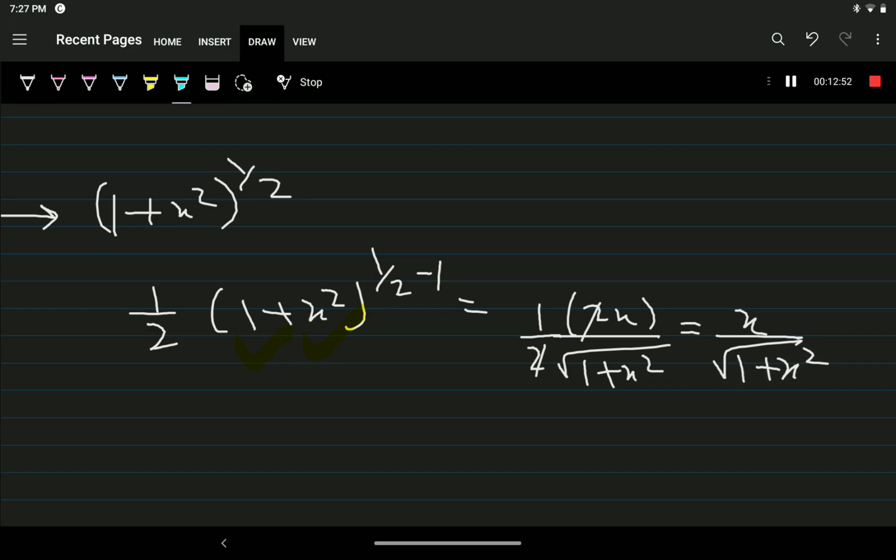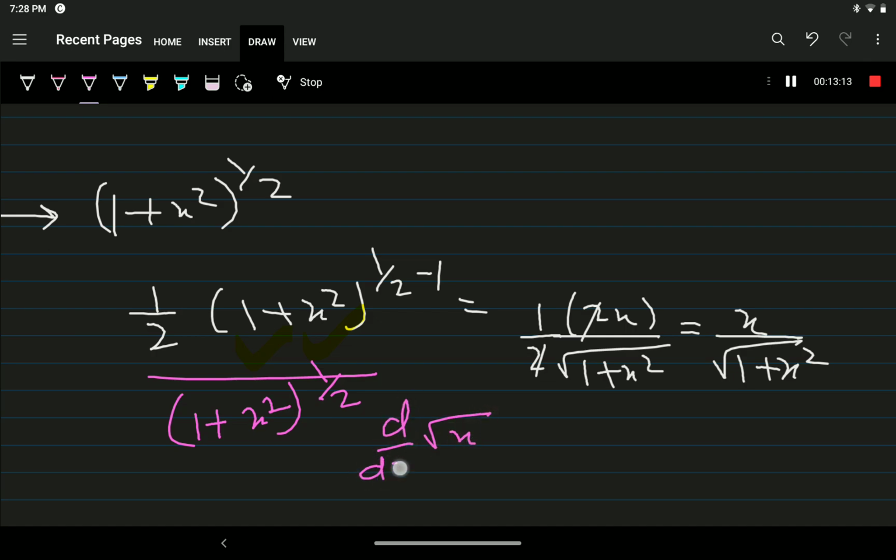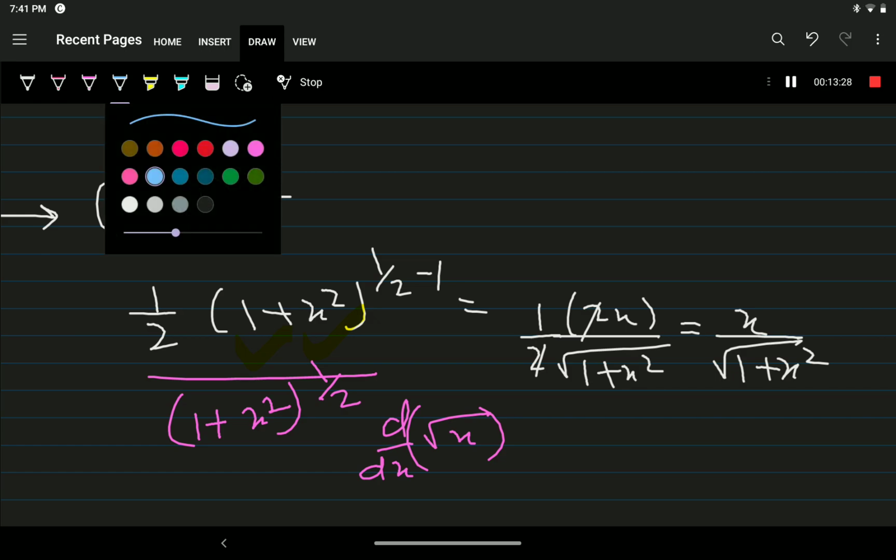Here I use the chain rule again because we know the differentiation of x and x squared, but we know the differentiation of root x, not of root of 1 plus x squared. That's why we use the chain rule.